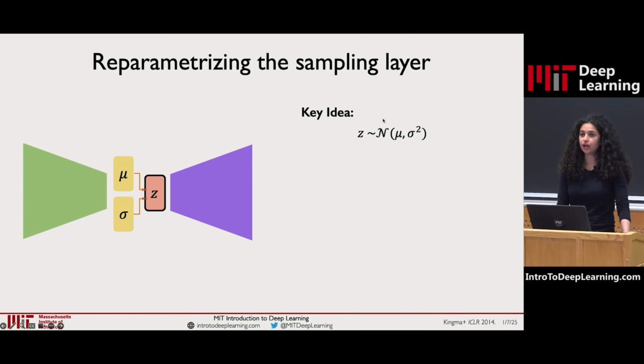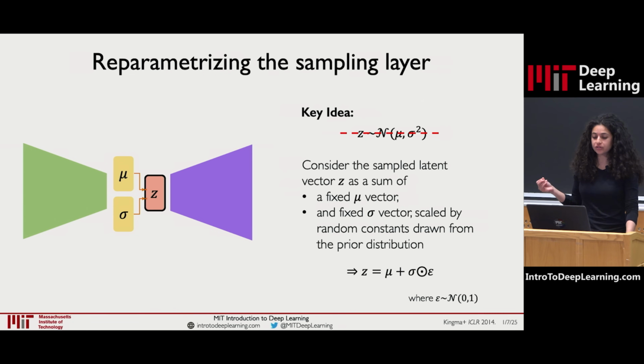Instead of just sampling our latent variables directly from a normal distribution parameterized by a mean and standard deviation, we can instead sample our latent variables as a sum of a fixed deterministic set of means mu, a fixed set of standard deviations sigma, and scale those standard deviations by another term that controls all the randomness that we care about, all the stochasticity. And we call this constant epsilon. In practice, what this means is now z is the sum of mu plus sigma scaled by this random constant that's drawn from that normal prior.